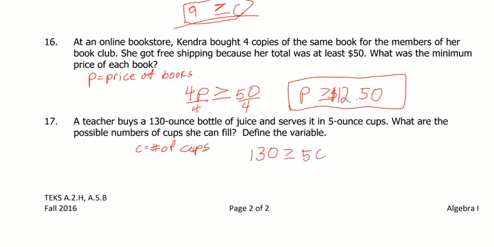We divide each side by 5, and that's going to be 26. Needs to be greater than or equal to C. Which basically just says that 26 is the largest number of 5-ounce cups that the teacher can pour out of a 130-ounce bottle.